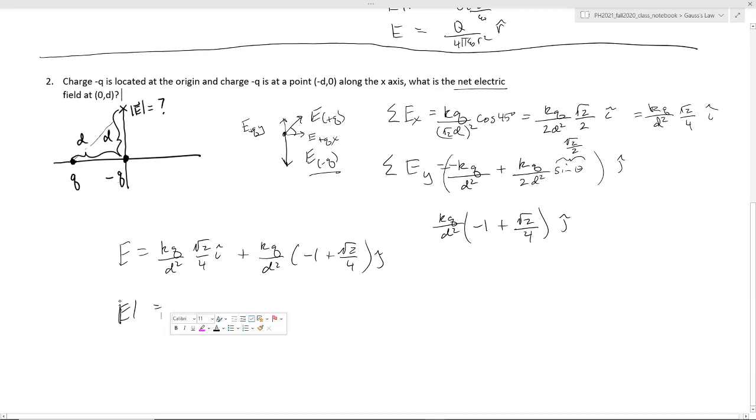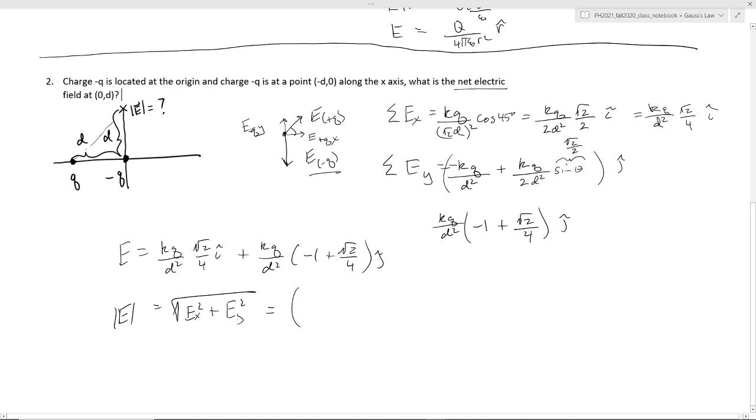So if you want the magnitude of this thing, really what you want to do is you have to add the components vectorially. So we would want to do Ex squared plus Ey squared, that quantity square root. And we can set that up. So what would that look like?